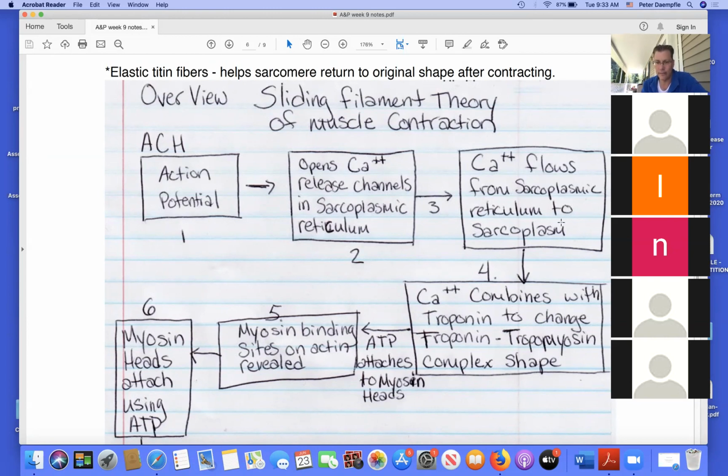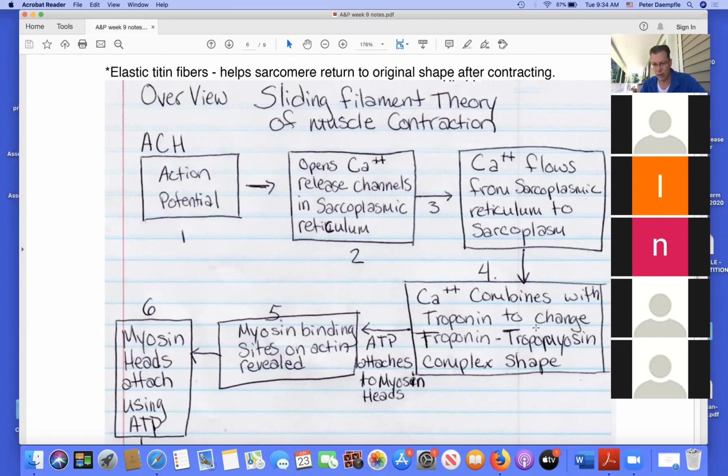That's step 3. Step 4, the calcium combines with troponin. Troponin is a little button, a chemical on the actin that covers up a little hole. Calcium combines with the troponin, making something called a troponin-tropomyosin complex, which covers up the myosin.